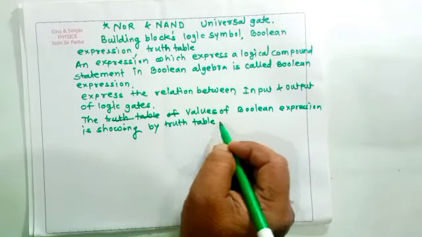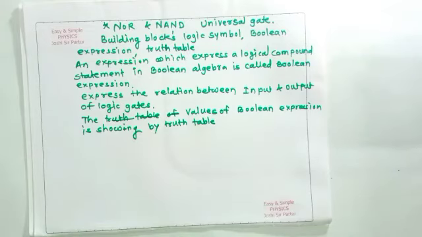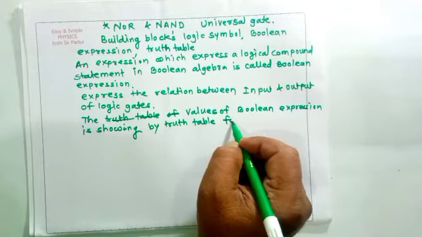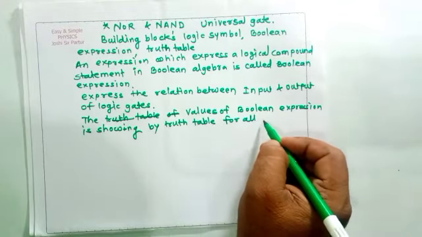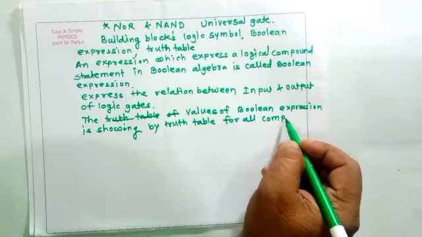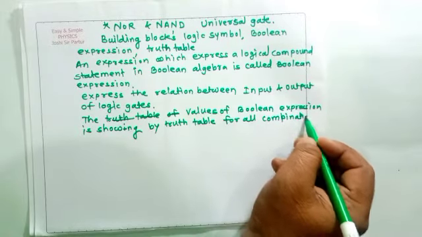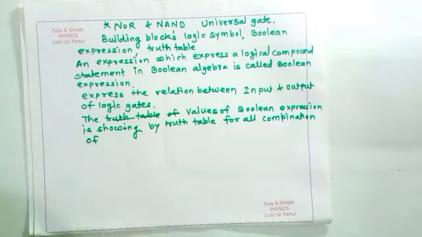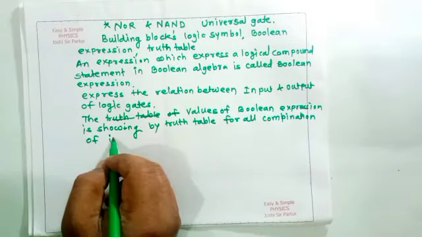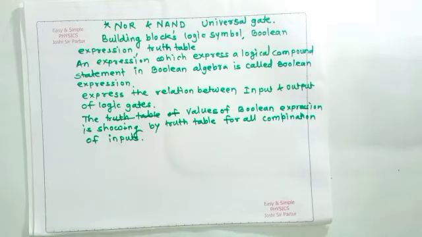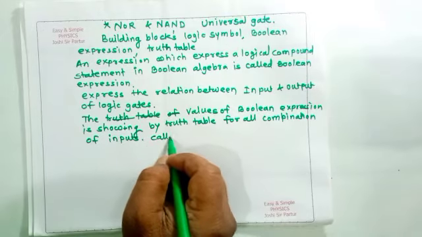The truth table shows the values of a Boolean expression for all combinations of inputs.